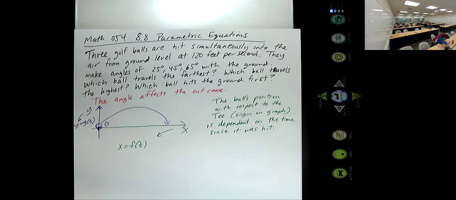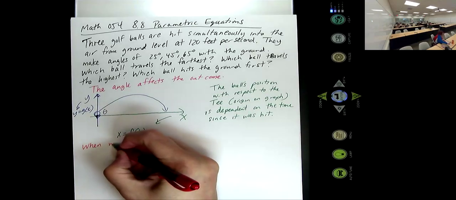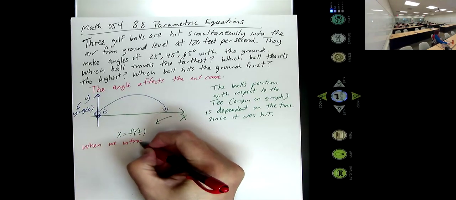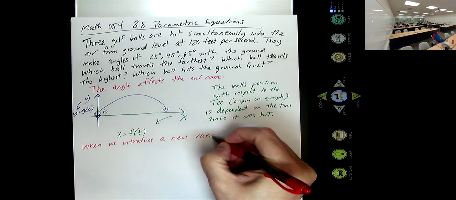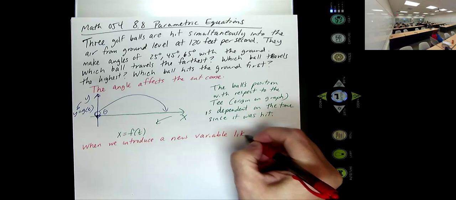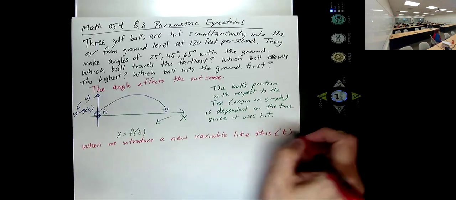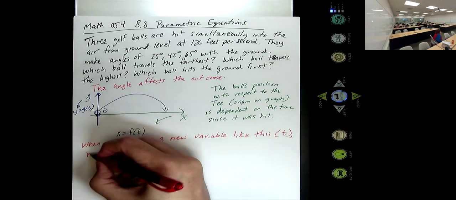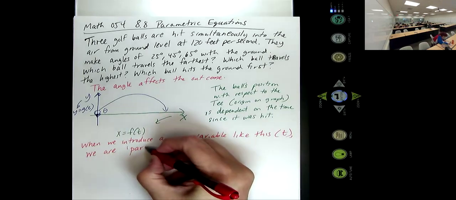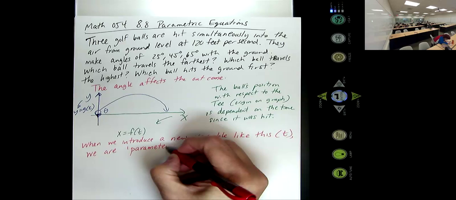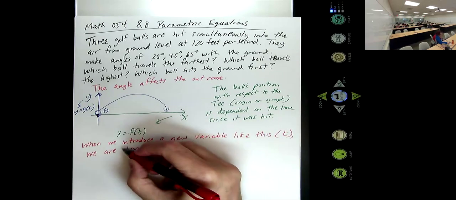When we introduce a new variable like this, in this case, the t, we are parameterizing the equation.